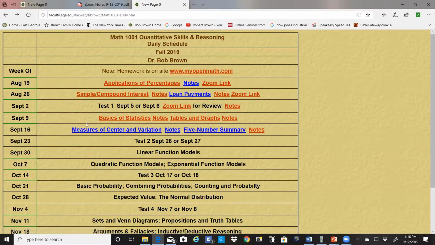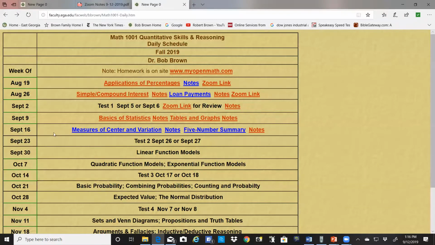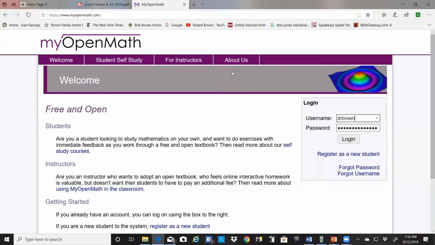But for each of these things you need to watch, you can also click on the notes. The other thing you can do is when you get ready to do the homework, you just click on this and you'll go to My Open Math. And this is where I log in.